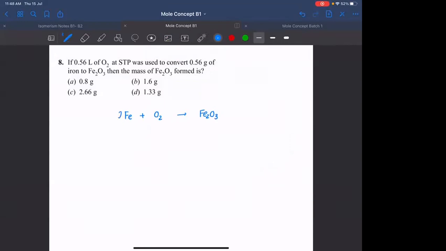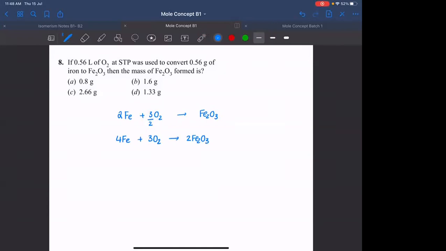You can write this as 2Fe and you can take this as 3/2 O2. If there is a fraction, multiply that by 2. So this becomes 4Fe plus 3O2 gives rise to 2Fe2O3.